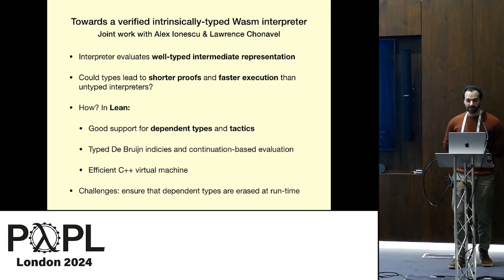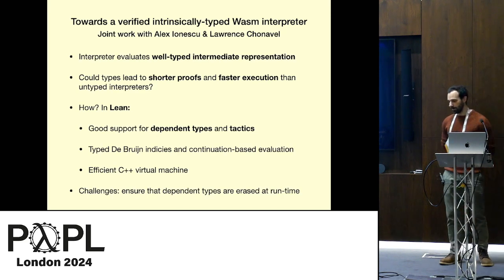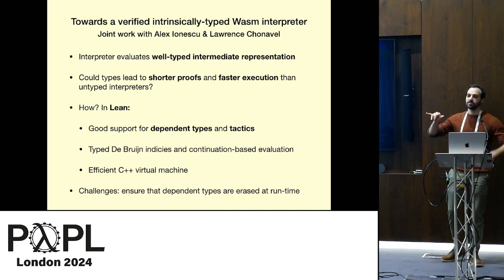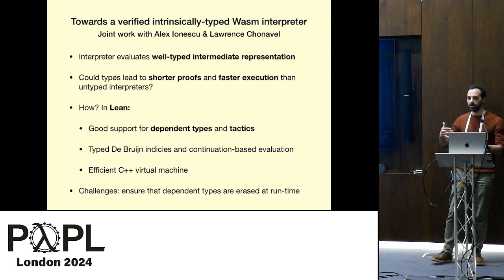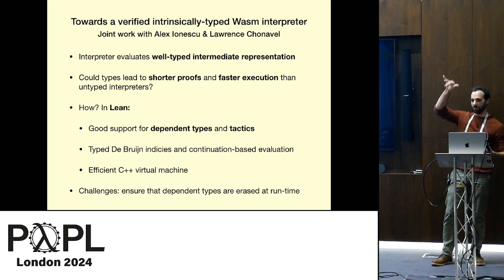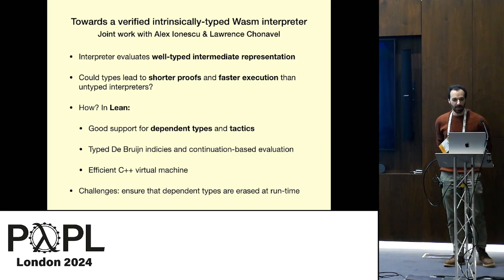And the other trick that we are experimenting with in the interpreter is to use continuations. Whenever our interpreter reaches some control flow instruction, it builds a continuation that will do what the instruction is supposed to do with the things that it finds on the stack.